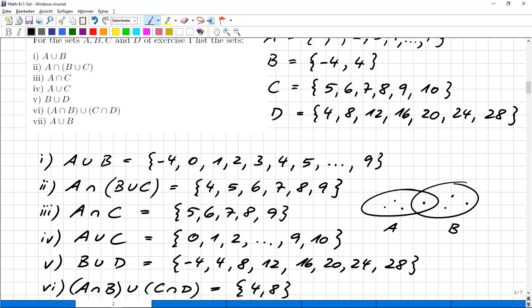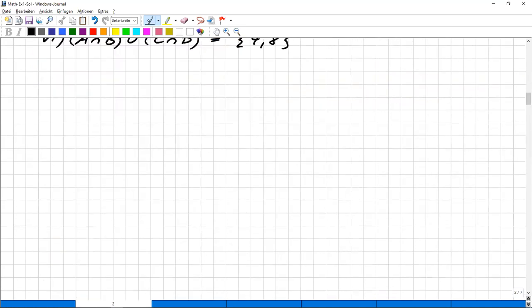There are two versions of the distributive law, and I can just put it here for a second, because I think this is not in the exercises. You remember, if I have, for example, A intersect B union C, then I can do something like removing the brackets, which in this case gives A intersect B, and then, can you tell me?